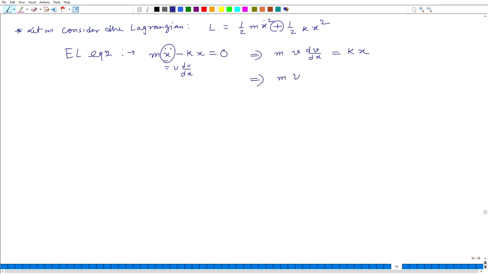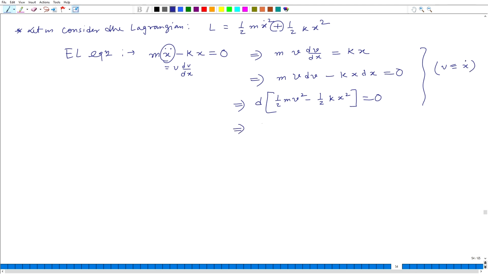Then m v dv minus kx dx is equal to 0, and finally you have d of half m v square minus half k x square equal to 0, where v is simply x dot.